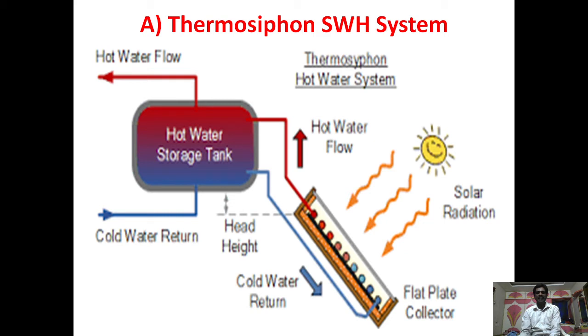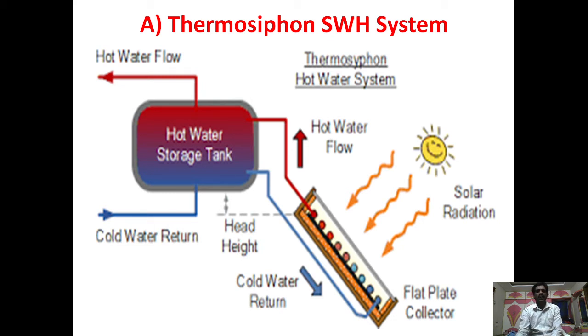The water gets heated and flows into the storage tank, as we can see in this arrow. And we can collect the hot water that is generated from time to time.